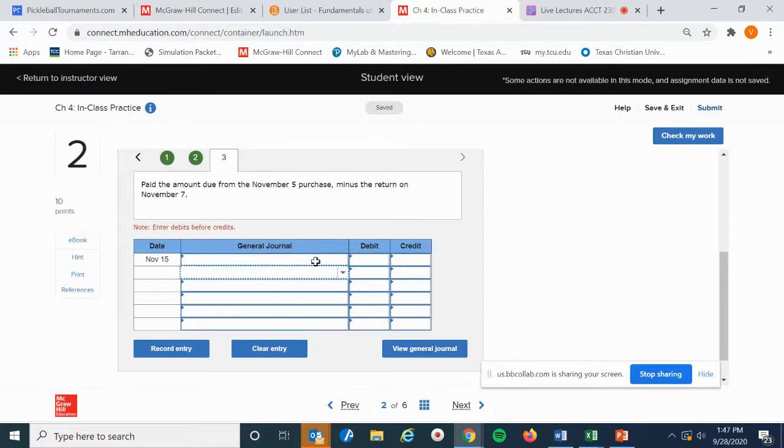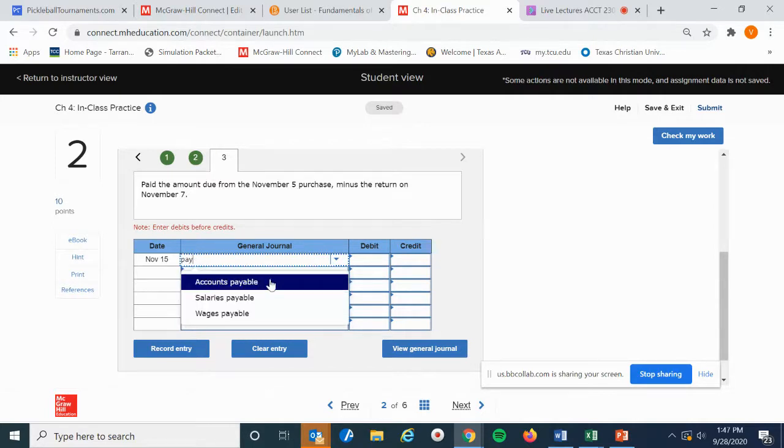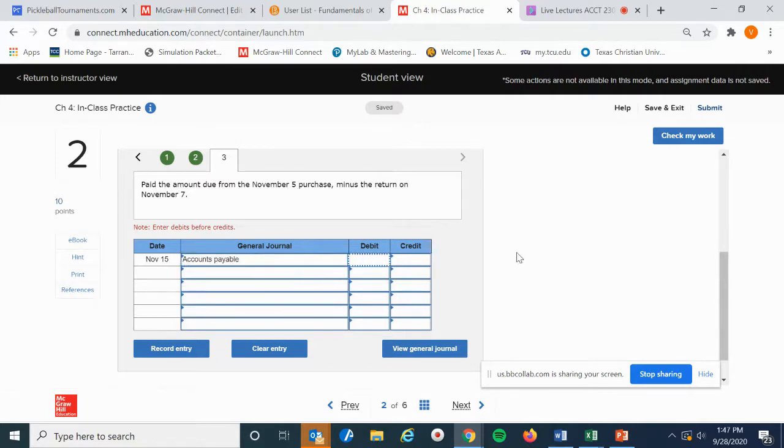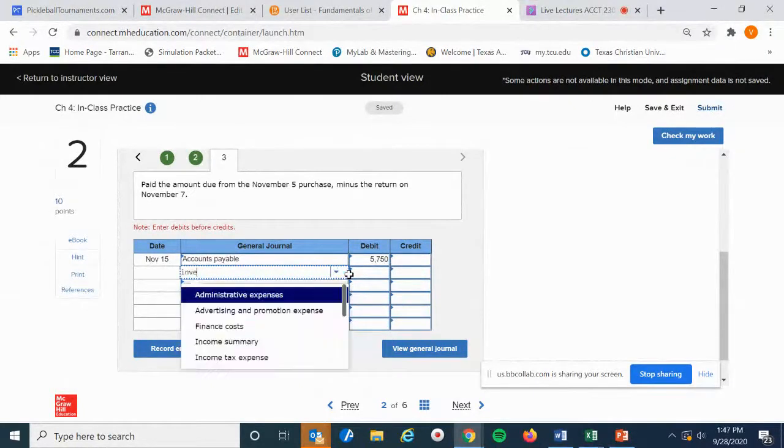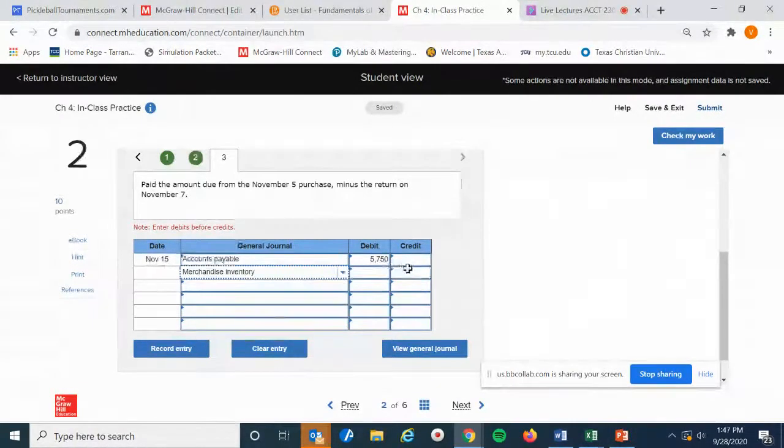Accounts payable will be debited $5,750. Merchandise inventory will be credited for the discount.